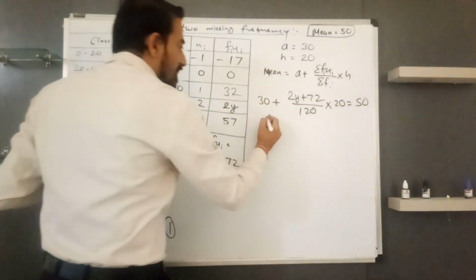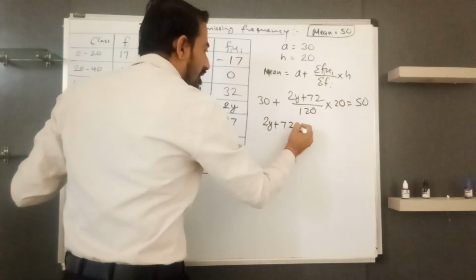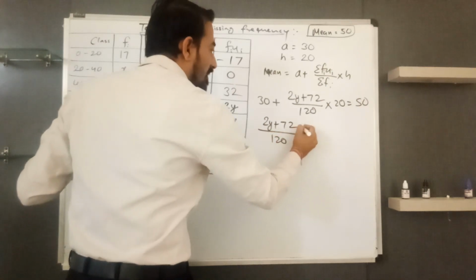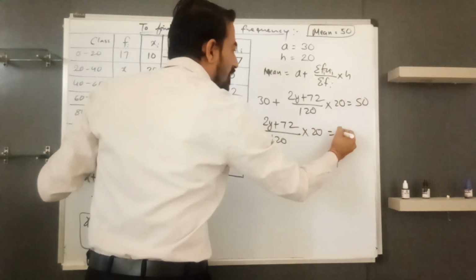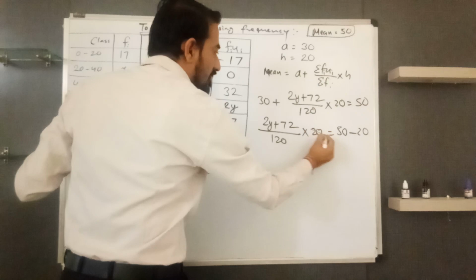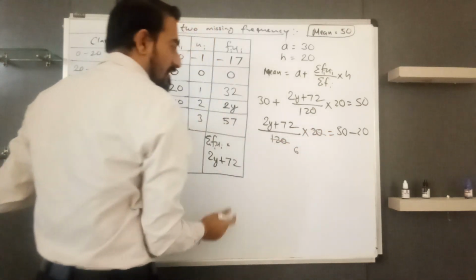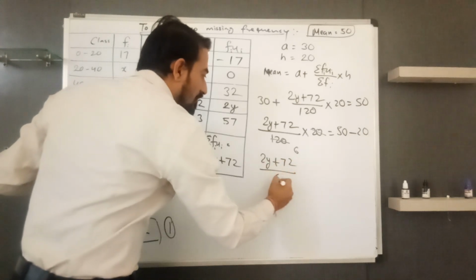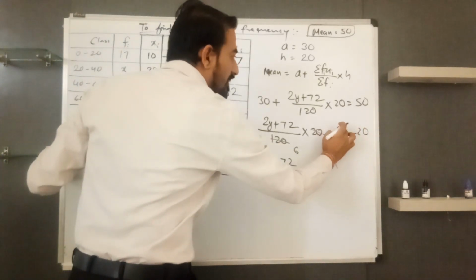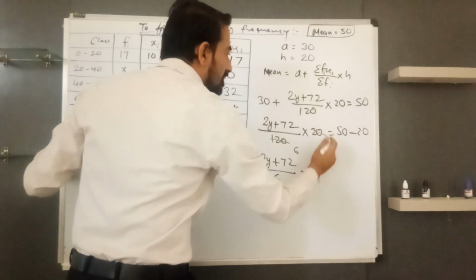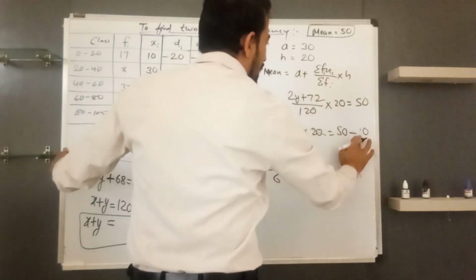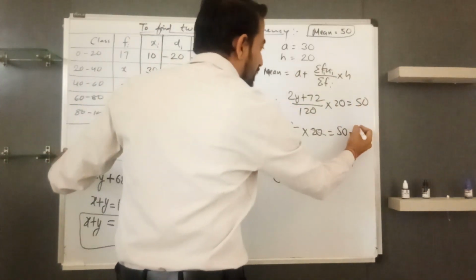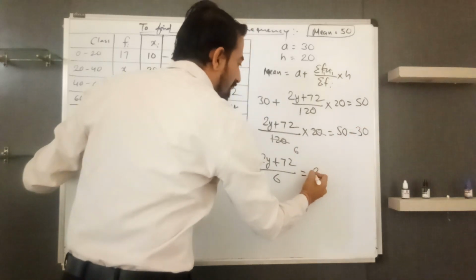So what will we get? Twice of y plus 72 by 120 multiplied by 20 is equal to 50 minus 30. By this, 20 goes into 120 six times. So we will have twice of y plus 72 by 6 is equal to 50 minus 30, which is 20.